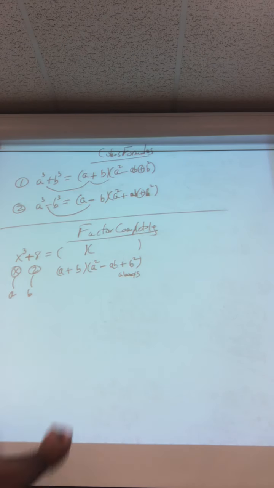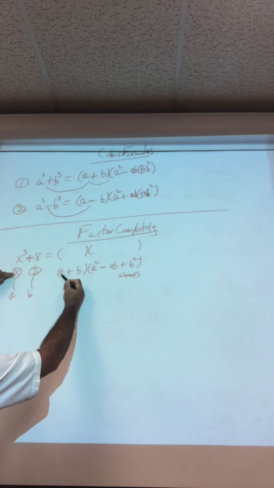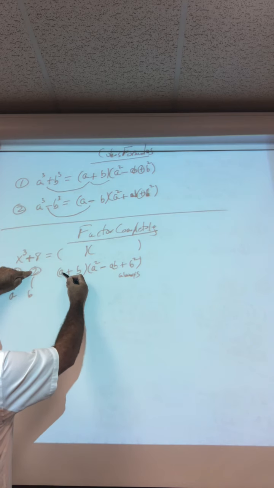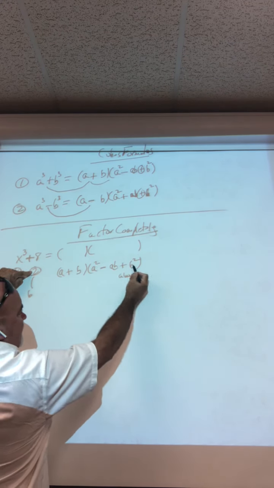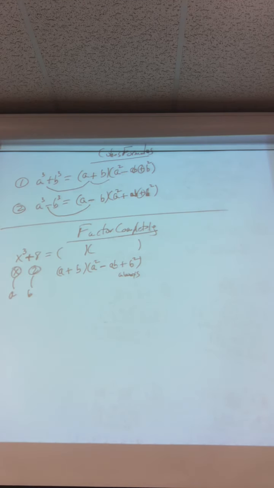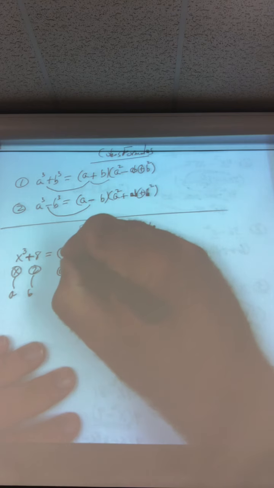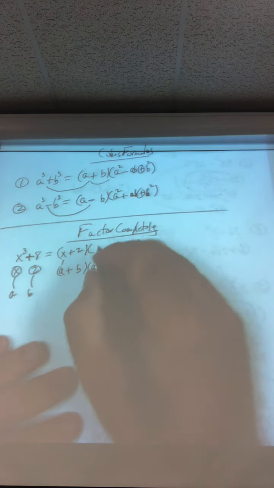Now, here's what we're going to do. We're going to replace the A with what? X. And we're going to replace the B with what? 2. So every place you have an A, put an X. Every place you have a B, put a 2. All right, so let's do that. So this would be X plus 2.